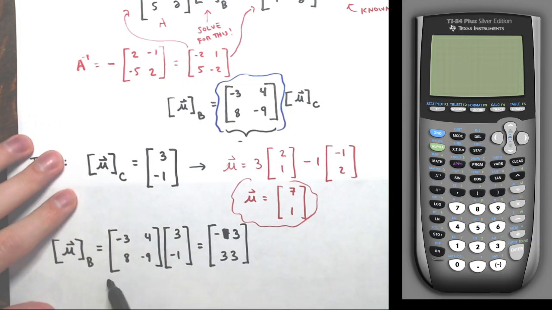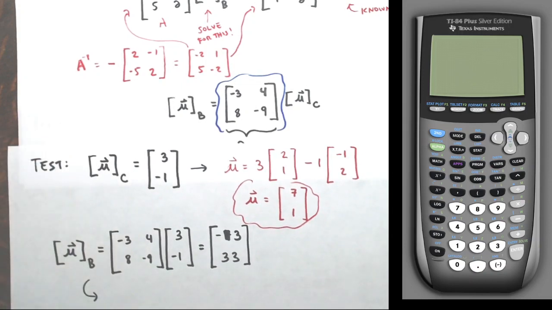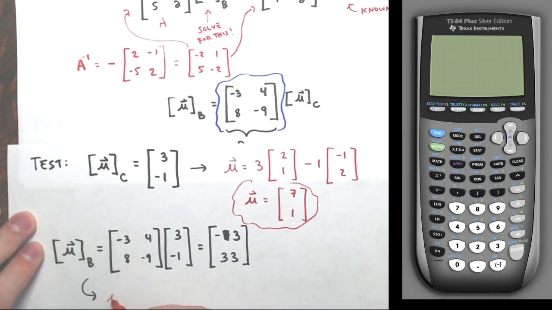Now let's see if that works out. According to this, vector u should be equal to negative 13 times the first vector from B, which was 2, 5, plus 33 times the second vector from B, which was 1, 2. Let's see what we get.